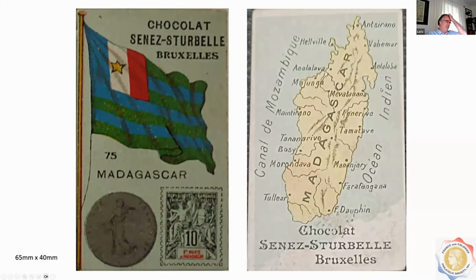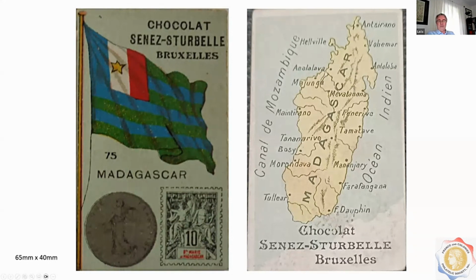So it is a little bit interesting that they use a stamp from that small island colony that nobody wanted, as I think Ed would sometimes present it, but they didn't put that small island on the map at the back of the card. So an interesting little card, with a little map of Madagascar here. This was relatively a small piece. Its size was about 65 millimeters by 40.